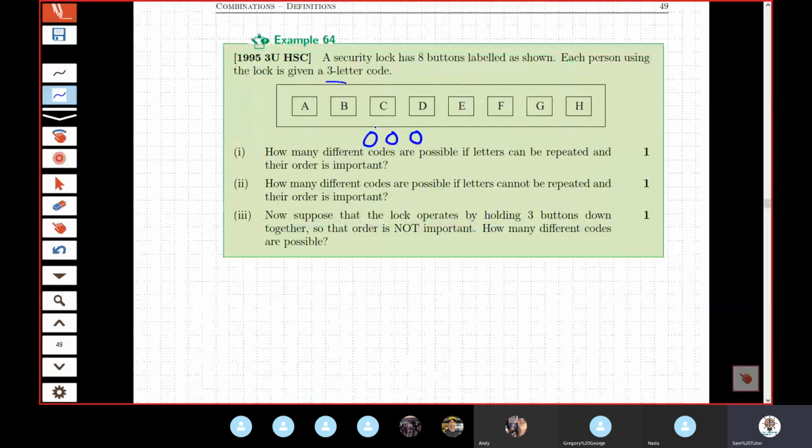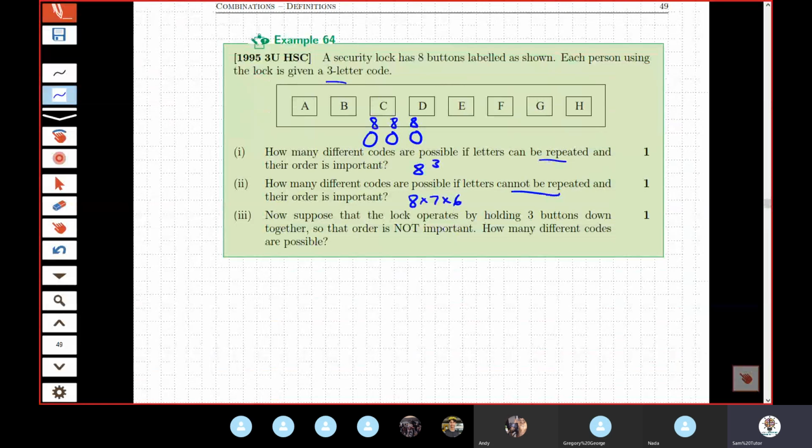How many numbers do I have to pick from that can go in the first digit? The next one? Because it can be repeated. How many different codes if it cannot be repeated? 8 times 7 times 6.